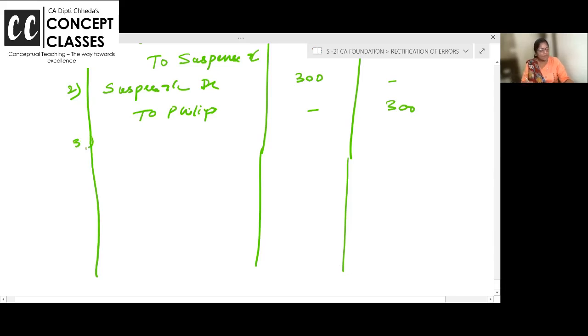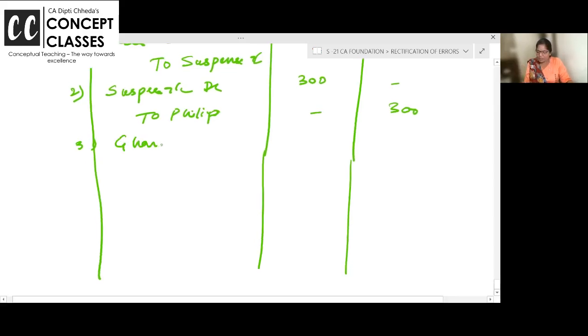Third, a sale of 200 made to Ghanshyam was correctly entered in the sales day book, party to sales, but wrongly posted to the debit of Radheshyam, and that too 20. Wrong account, wrong amount. You have sold the goods to Ghanshyam, so Ghanshyam should have been debited; debit him. Radheshyam is wrongly debited, so credit.